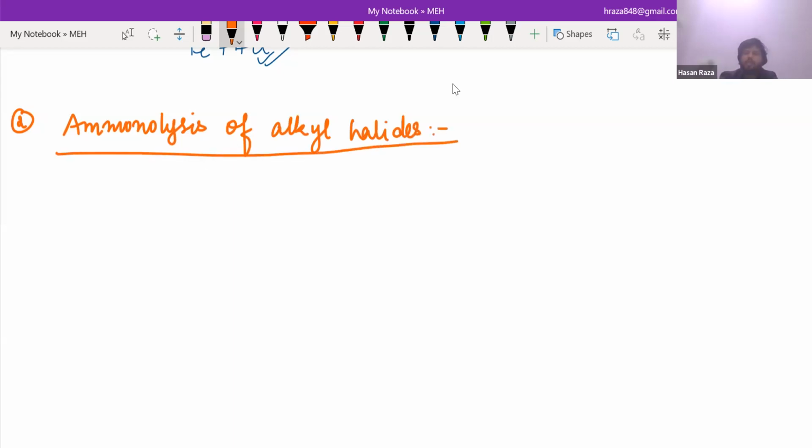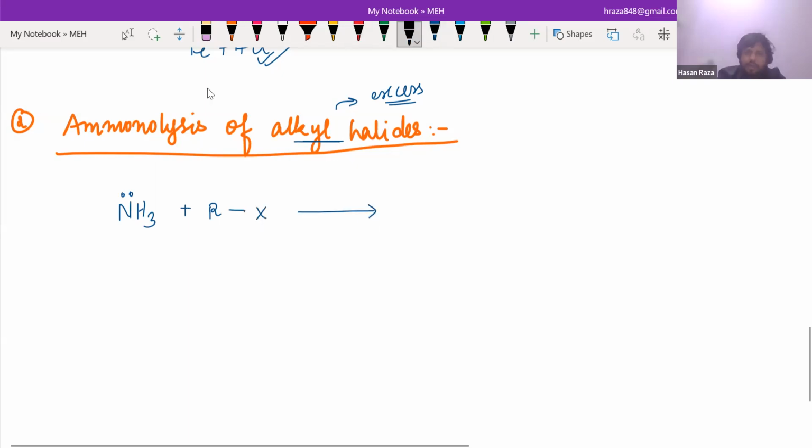So see, what is this ammonolysis of alkyl halide? It is basically you are going to react ammonia with alkyl halide again and again. This alkyl halide will be in excess. As you can see, this is the ammonia, and this is your alkyl halide.